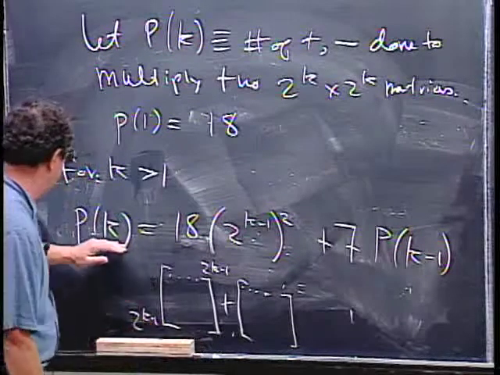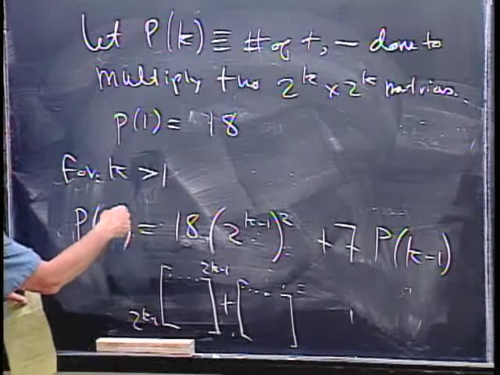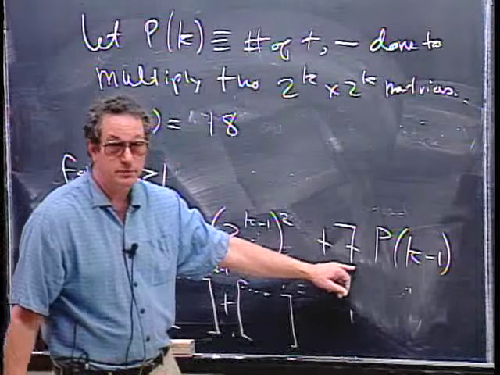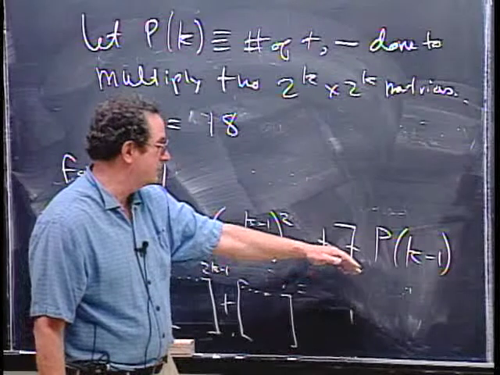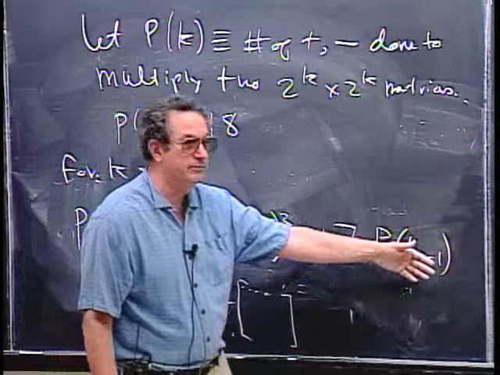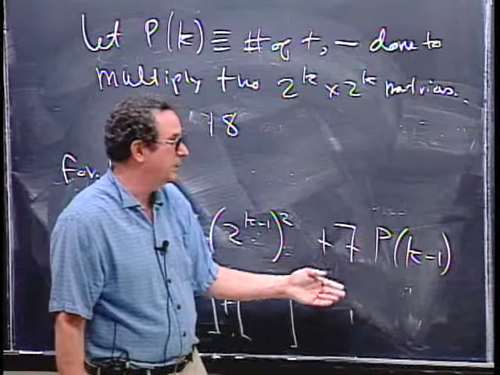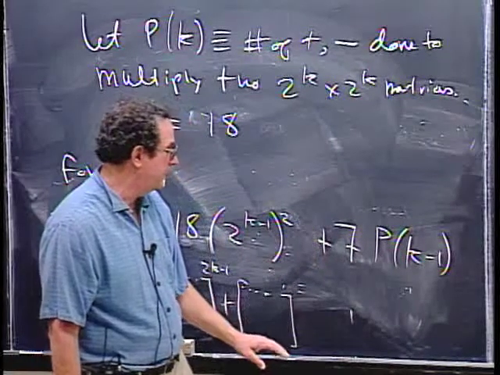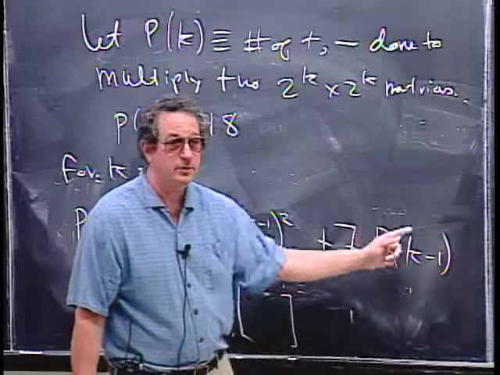Okay, so on a 2 to the k times 2 to the k matrix, we're going to do 7 recursive multiplications, and those involve some amount of additions and subtractions. When you multiply two matrices of some dimensions, the method requires p times k minus 1 additions and subtractions.